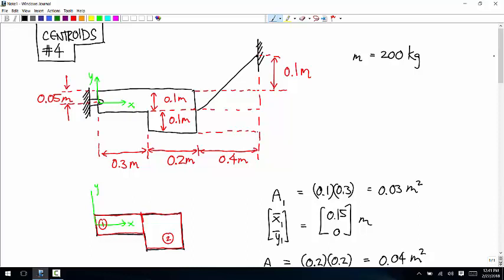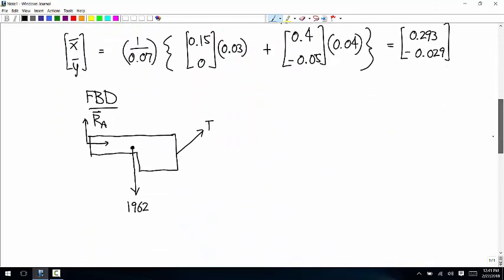So a vector that goes in this direction goes 0.4 meters in the positive x direction and 0.2 meters in the positive y direction. So this vector u is positive 0.4, positive 0.2.